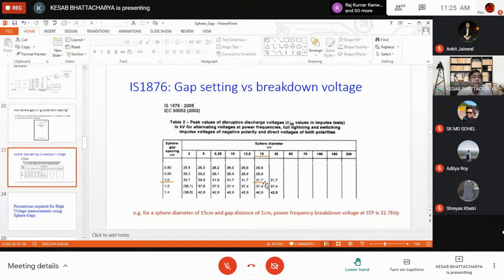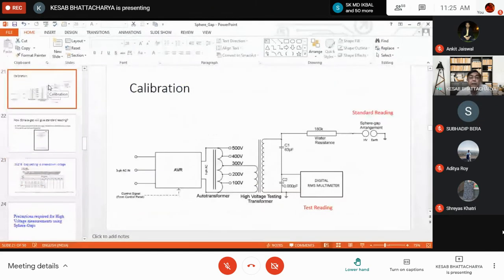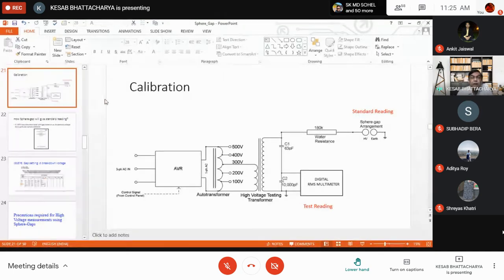Now again, going back to the circuit diagram, here what really happens: from the automatic voltage regulator, where the supply is three-phase AC, using that regulator the input voltage to the variac is controlled. Depending upon the input voltage of the variac, the output voltage of the variac will also vary, and accordingly the LT side of the high voltage testing transformer will be energized.